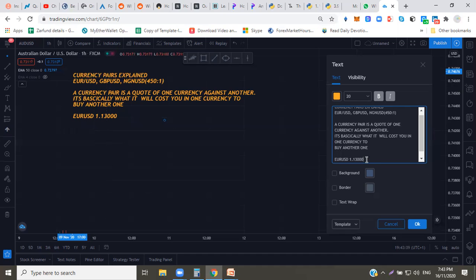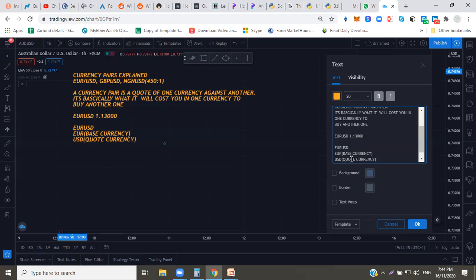Now I will extend this a little further so you will understand why USD euro. Whenever you have a pair like Euro USD, we'll use Euro USD a lot today, the euro in the pair is called the base currency. While the USD is called the quote currency.